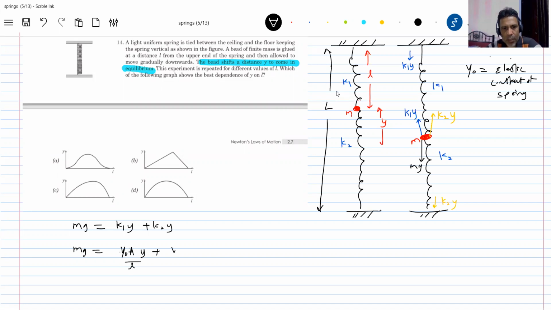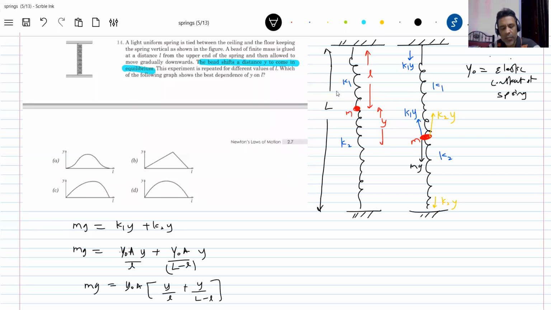K2 should be equal to Y naught A by capital L minus L. So let me take this: mg equals Y naught A y, and y we can take common, y by L plus y by L minus L.